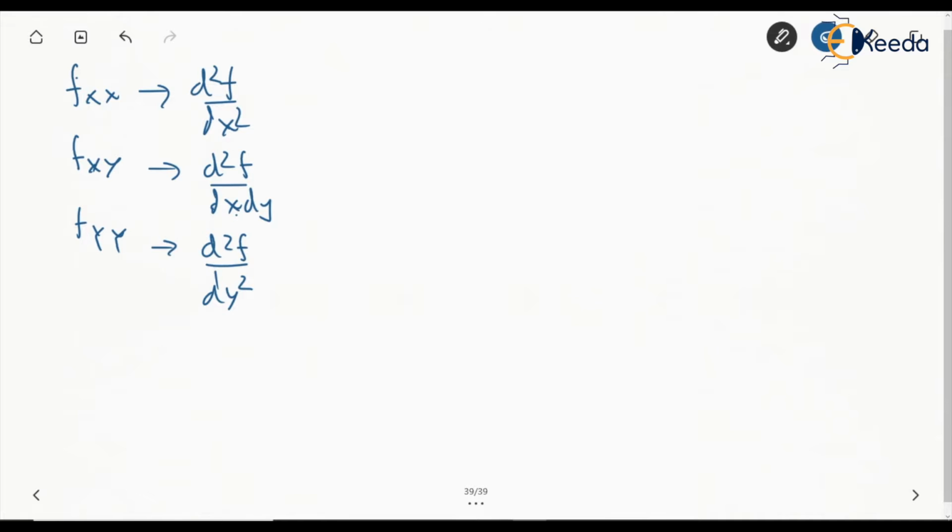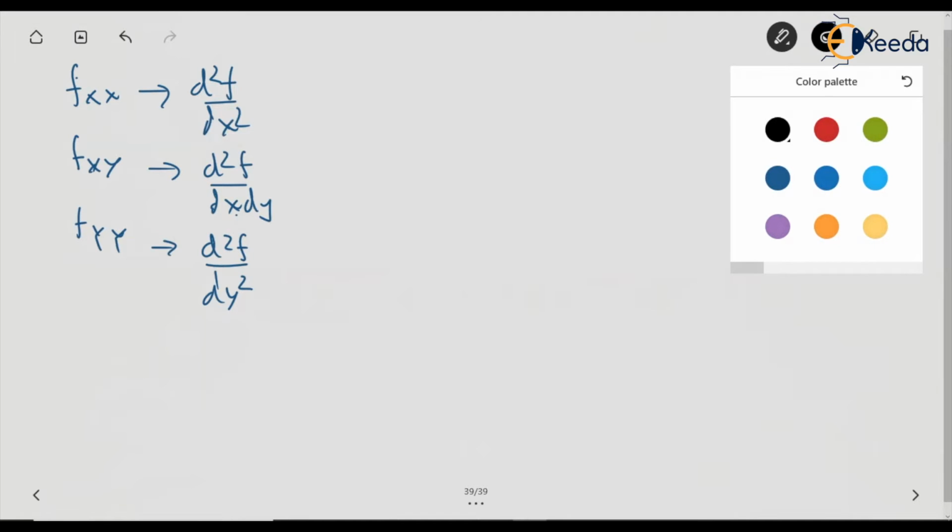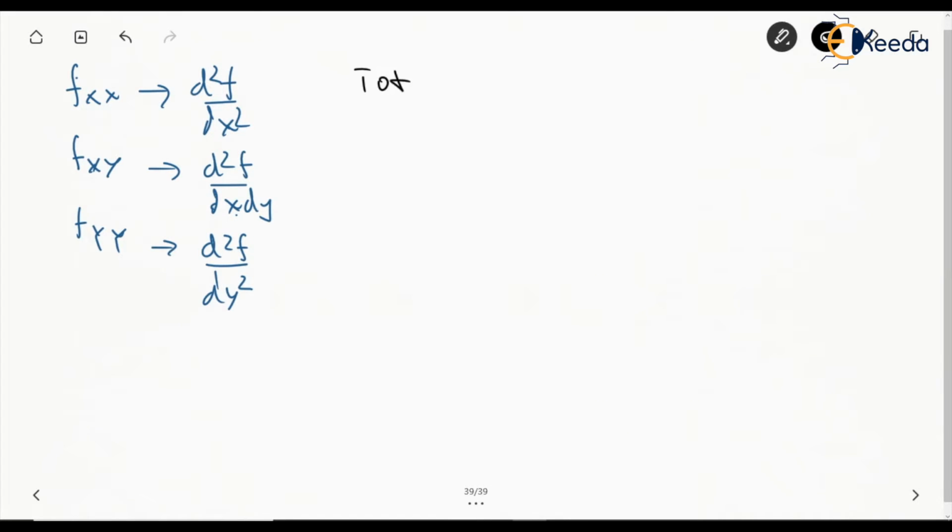Right? Other than that, we may come across the total derivative.